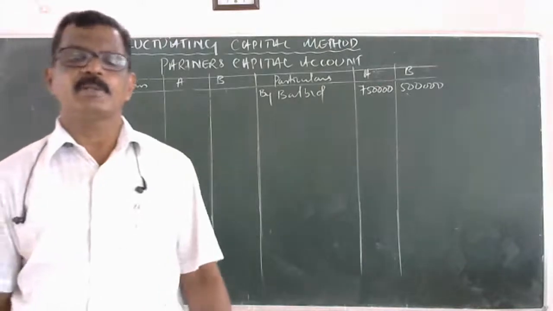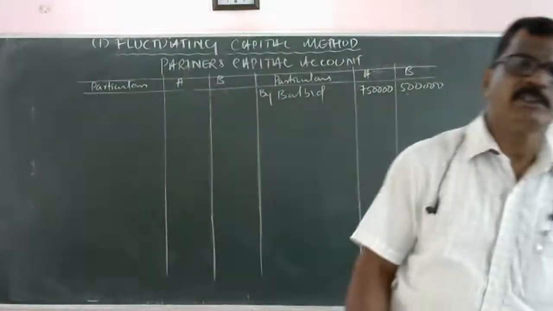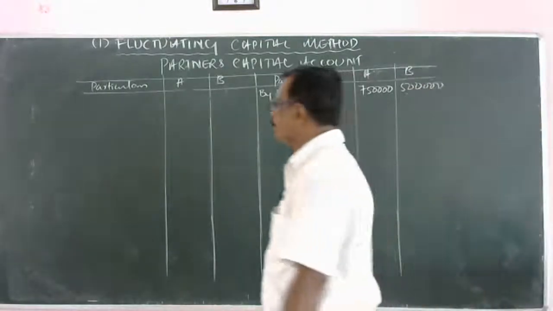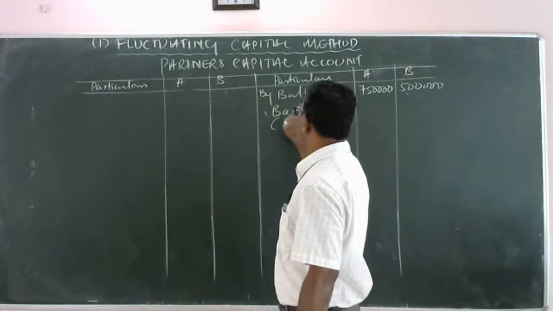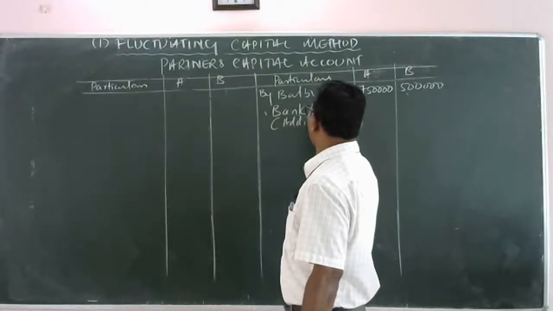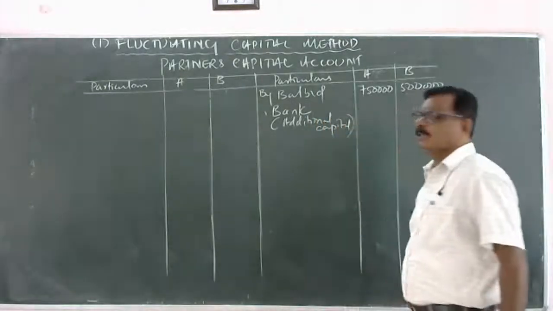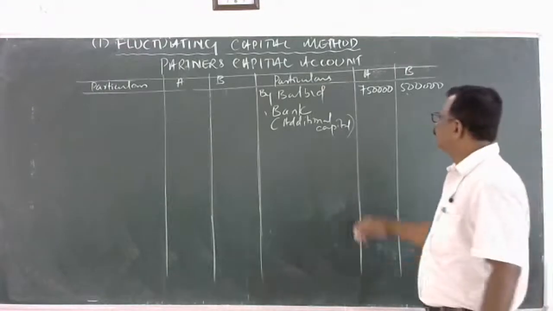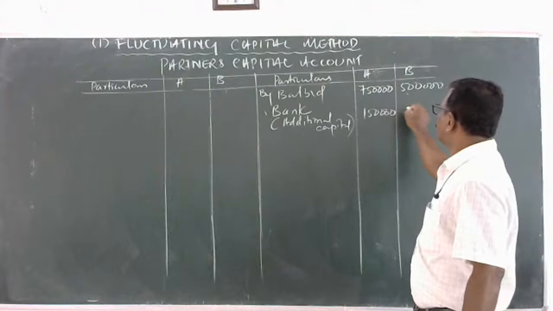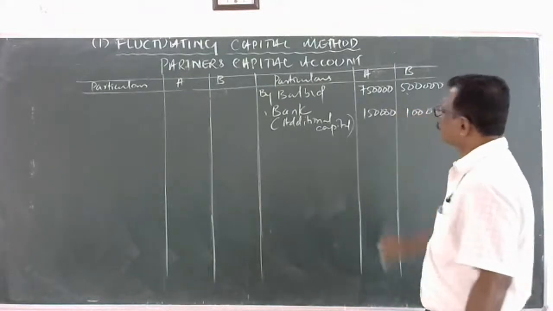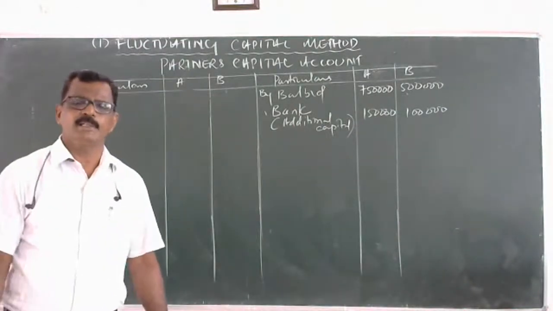A 1,50,000, B rupees 1 lakh. So additional capital introduced is debited to bank account, credited to capital account. By bank, additional capital introduced. Isn't it? So additional capital introduced is 1,50,000 and 1 lakh.